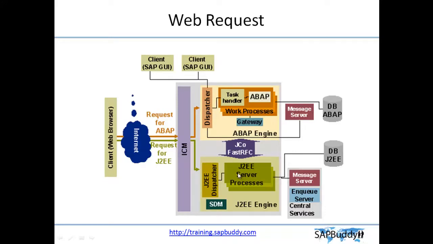If it is a Java request, then it will go to the J2EE dispatcher, to the Java engine. The ABAP and Java engines are connected using JCo connections. JCo is also like an RFC connection, which communicates internally between the ABAP as well as the Java engines. This is how the web request works in our SAP system.